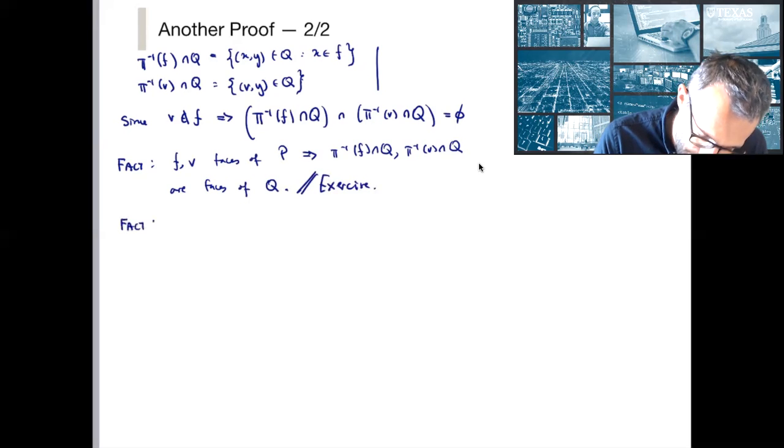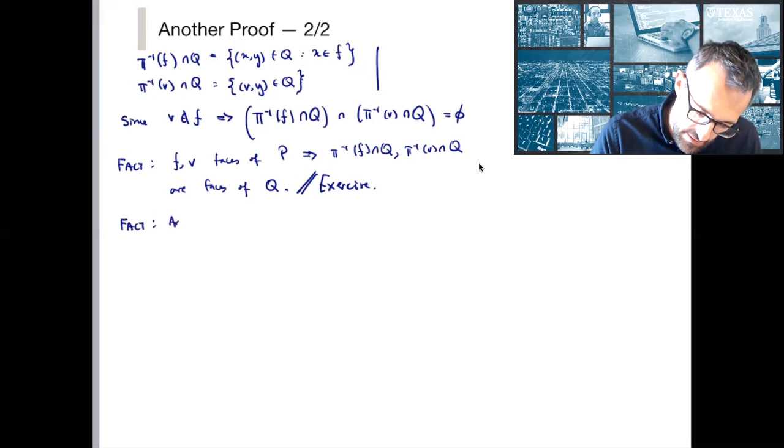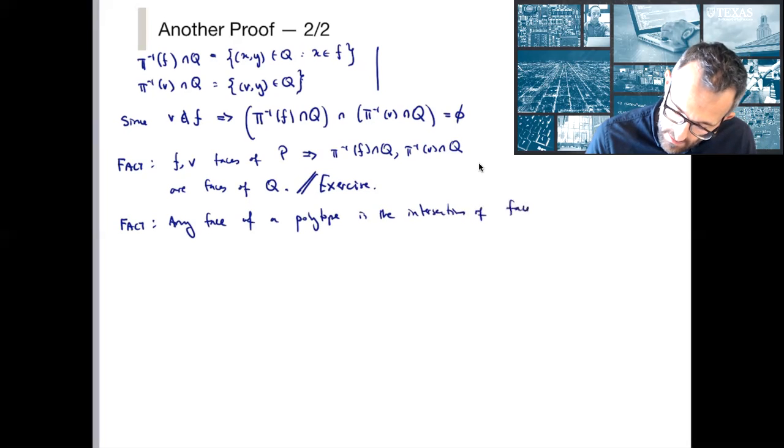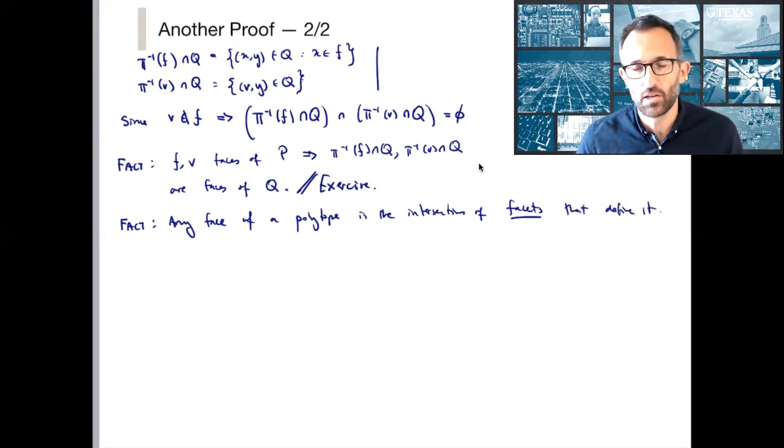A more subtle point, which again feels intuitive, but is actually an important fact about polytopes that we're going to use, is that any face of a polytope is the intersection of the facets that define it. This is again intuitive and natural.